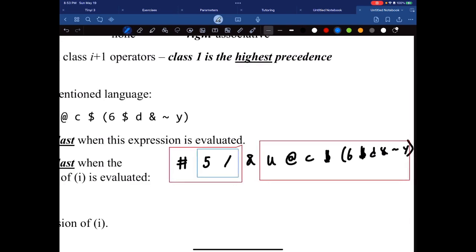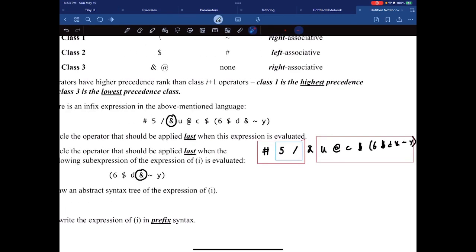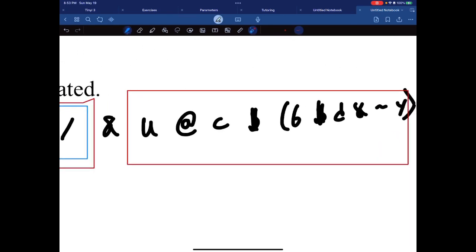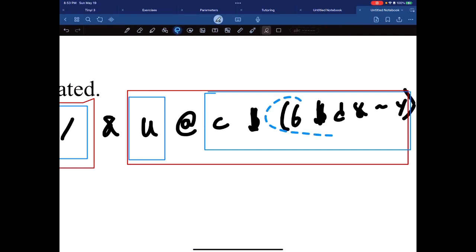Now let's move to the right side. Do we have any class 3 operators? We do. There's one right here. So we're going to case it like this. Kind of messed it up here. I would move this down.